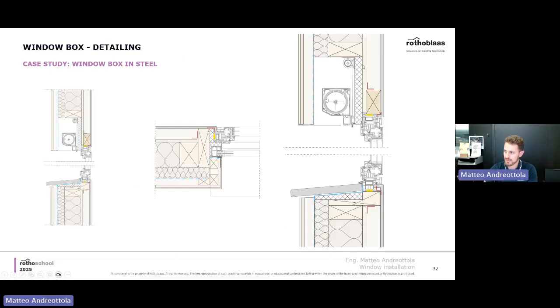One other detail that I wanted to discuss with you is when you have a window box. Whenever you have a shading system like the one I'm showing you right now, in this case a round one coming down here, it's important to have insulation on this part.